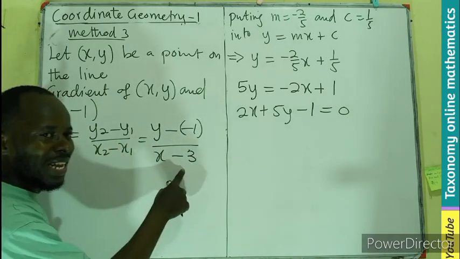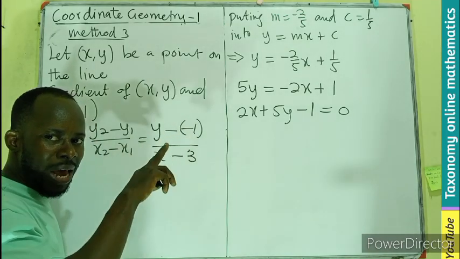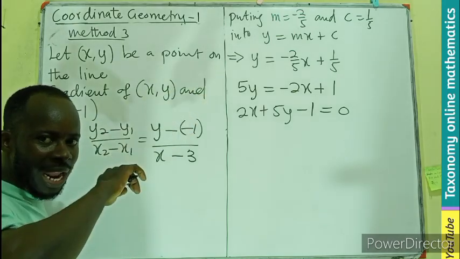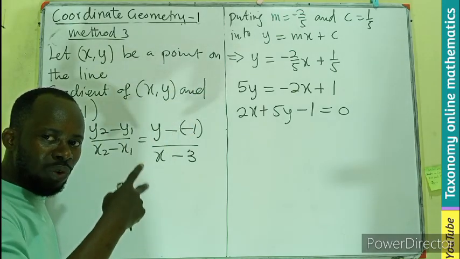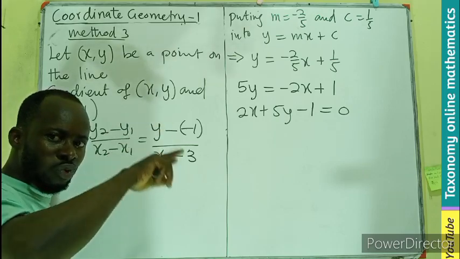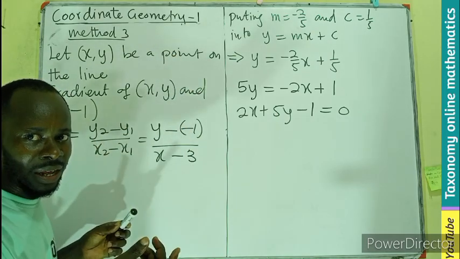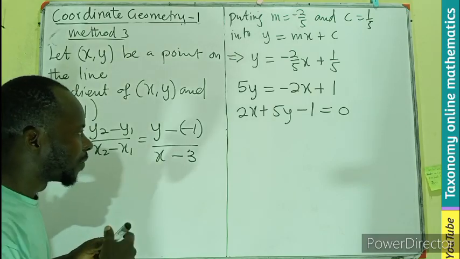Now, don't forget this is a gradient. A gradient of 2 points on a line will always be the same. If there are thousands of points on a line, if you find the gradient of any 2 of the points, they will all have the same gradient because they are collinear. Collinear points have the same gradient.